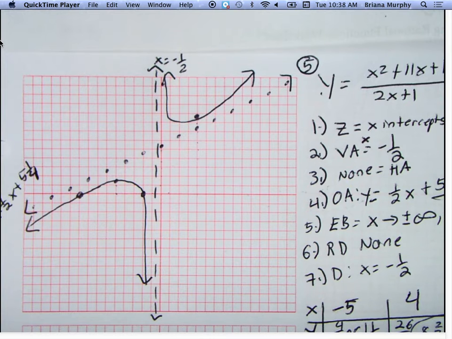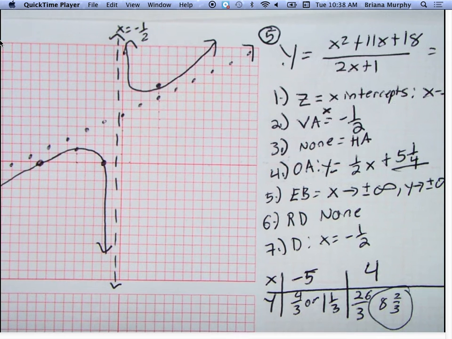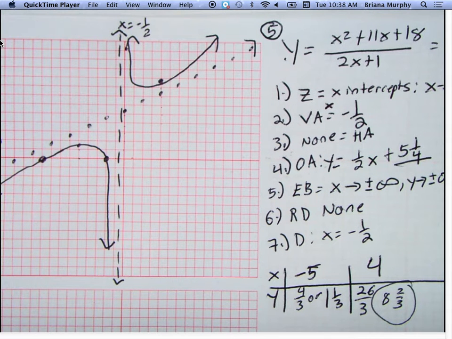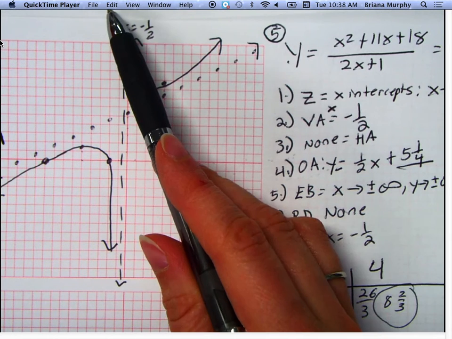Shape and it being between the correct asymptotes is most important, because I know that it has to approach both my asymptotes.